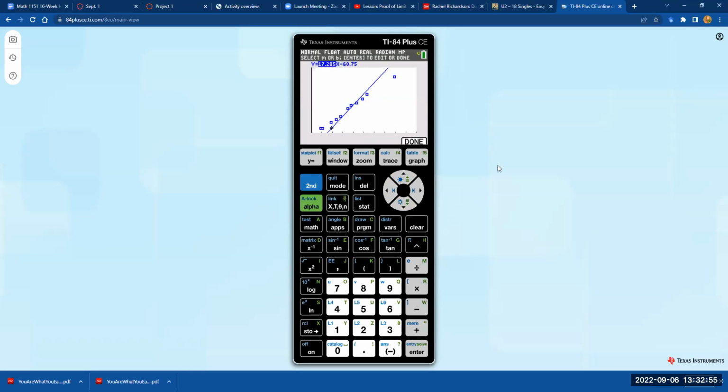So maybe my slope appears to be too steep. So let me use like a 14 maybe. That looks a little better. But it's too low, right? So maybe I want to move this up.